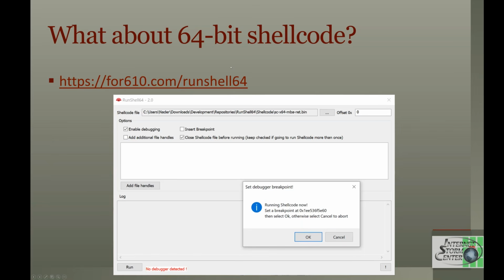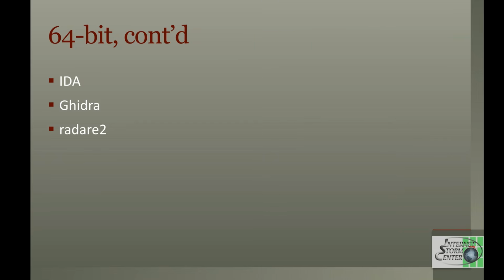Run Shell 64, like Jump to It, is an executable that will read in the shellcode at runtime and allow you to execute it or debug it. Should note that the disassemblers, though, can all handle 64-bit shellcode as is.